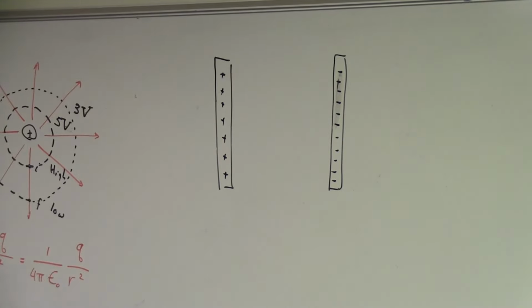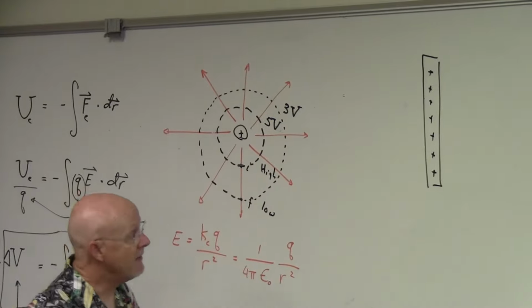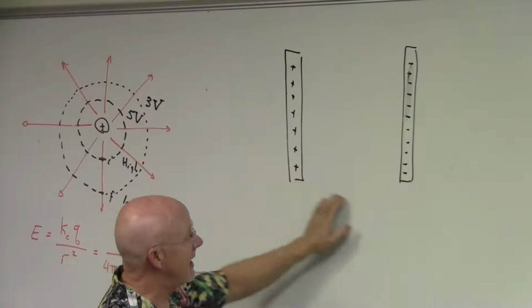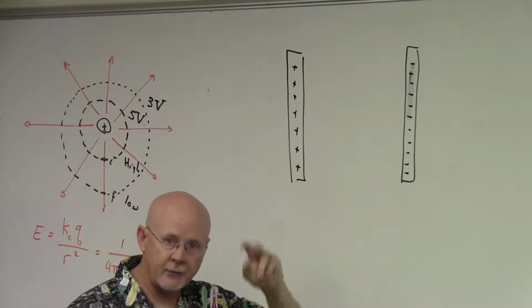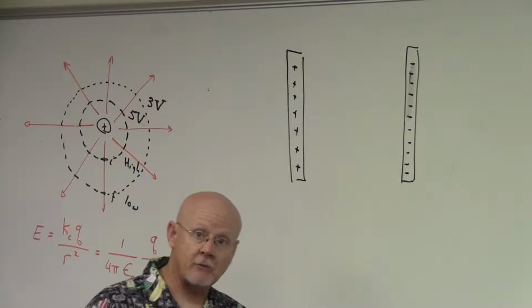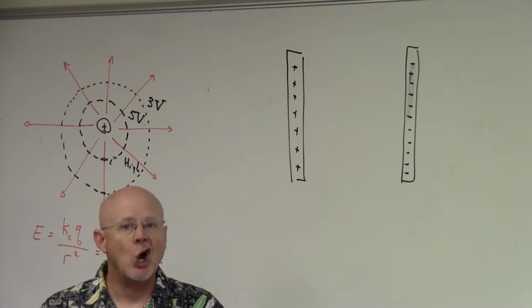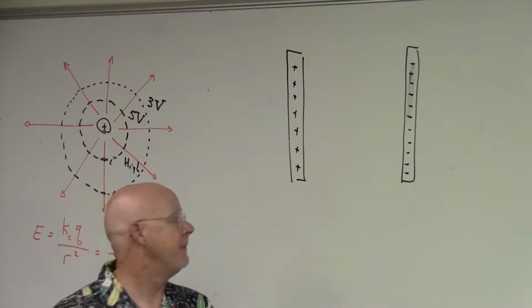Like back here, I did a 5 and a 3 on this one. This I'm going to charge up so it's 10 volts higher than that one. And so I'll do a 1 volt, a 3 volt, a 5 volt, a 7 volt, and a 9 volt. That way we'll have enough equipotentials that, once we have them, we hopefully will be able to draw the electric field.